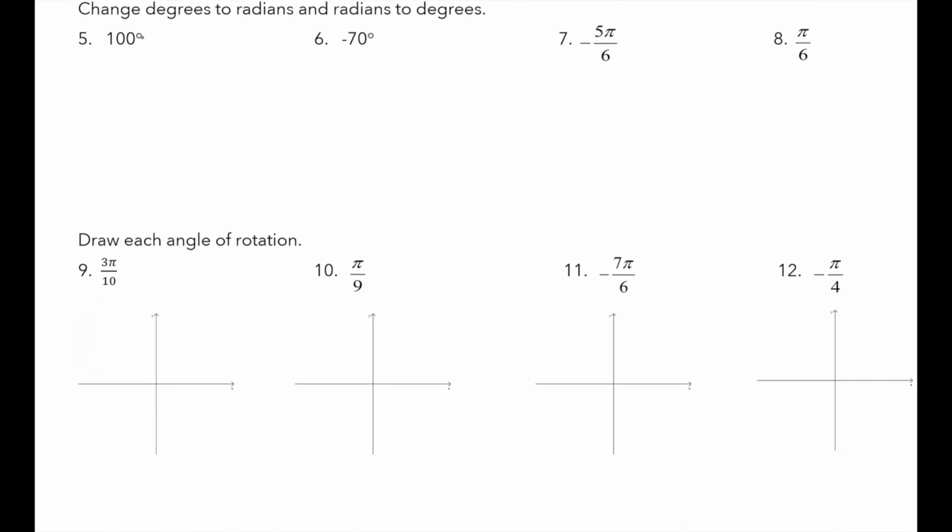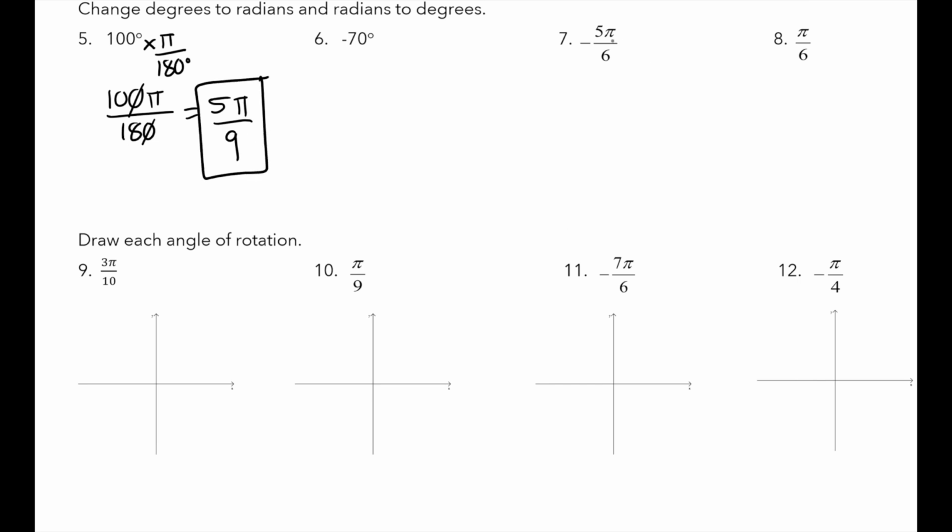If I wanted to change 100 degrees, I would multiply by pi, but divide by 180 degrees to get rid of the degrees. This becomes 100 pi over 180. I can simplify. 10 over 18 becomes, divided by 2, 5/9. 5 pi over 9.